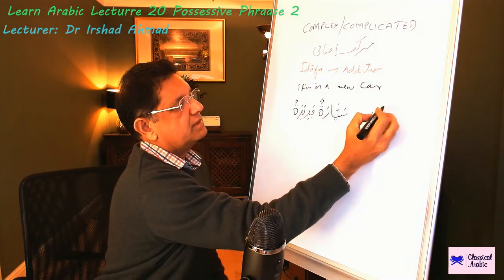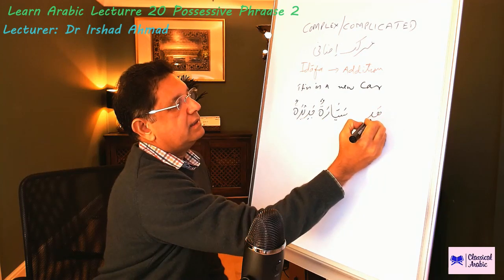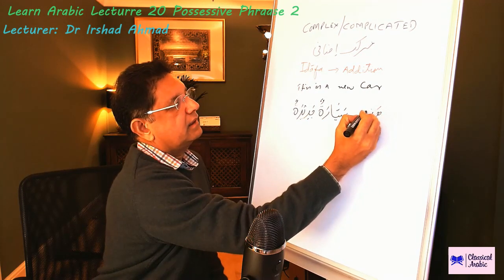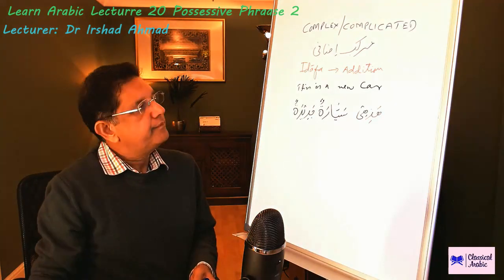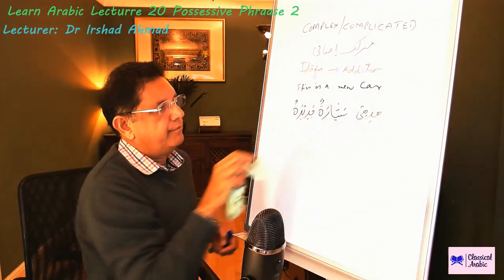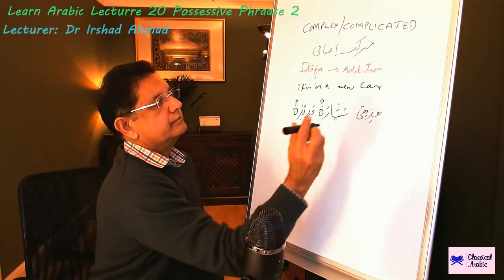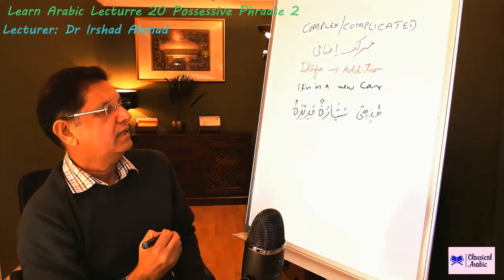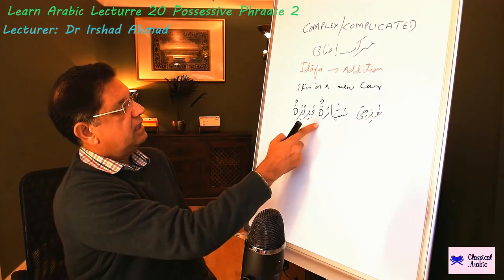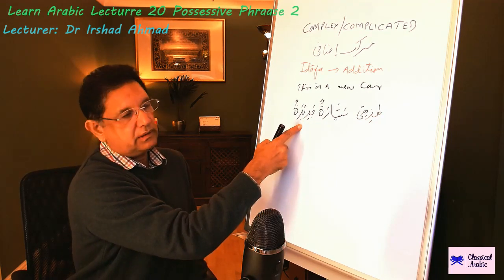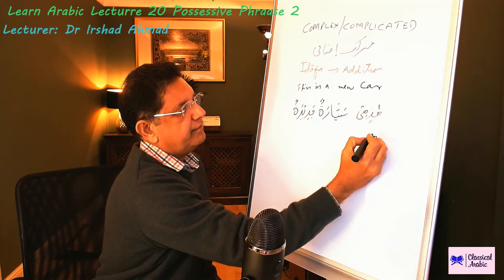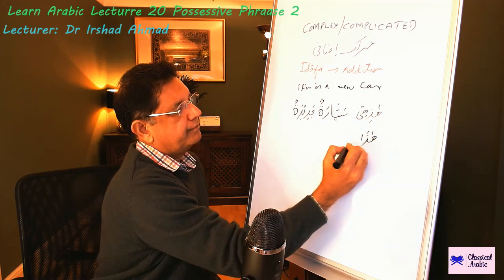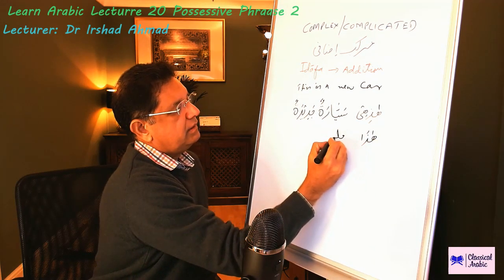So that was a mistake. Hazihi. So Hazihi, this is the feminine of Haza. Hazihi sayyaratun jadidatun. We can say, for example, Haza kalamun.